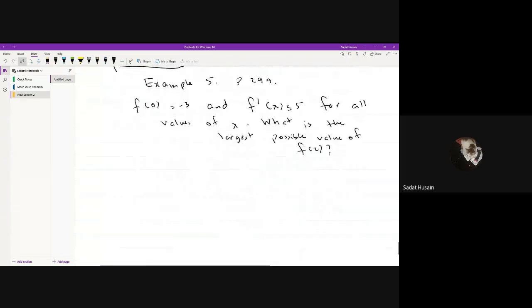And assume that f satisfies the conditions for the mean value theorem. It's differentiable, continuous, all these things are satisfied.